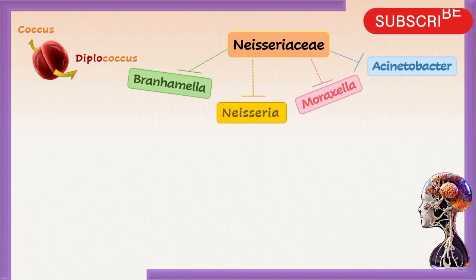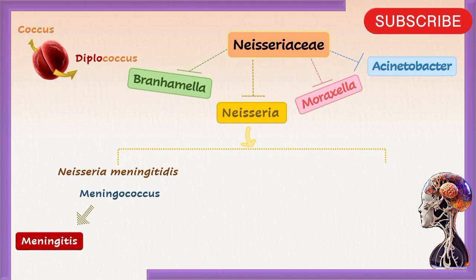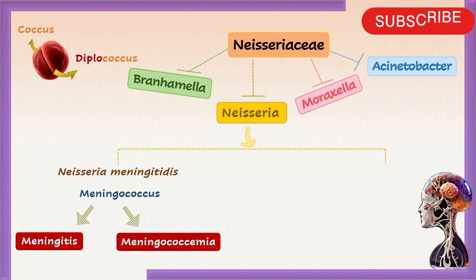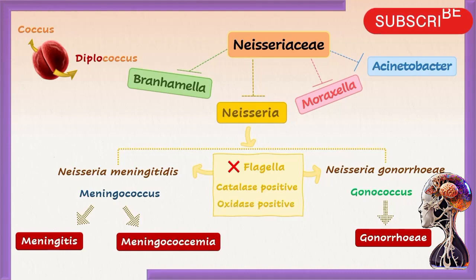Two pathogenic species of Neisseria include Neisseria meningitidis, or meningococcus, causing meningitis, which is the inflammation of the protective membranes covering the brain and spinal cord, or life-threatening sepsis called meningococcemia, and Neisseria gonorrhoeae, or gonococcus, causing a sexually transmitted disease, gonorrhea. Both lack flagella and are catalase positive and oxidase positive as well, which is a key test in its identification.